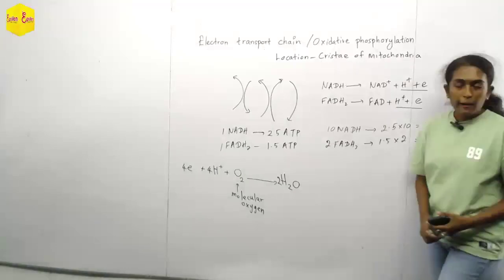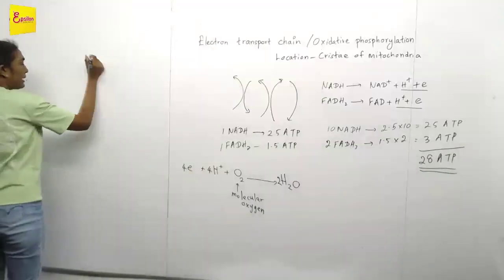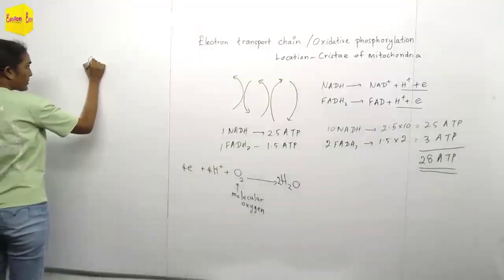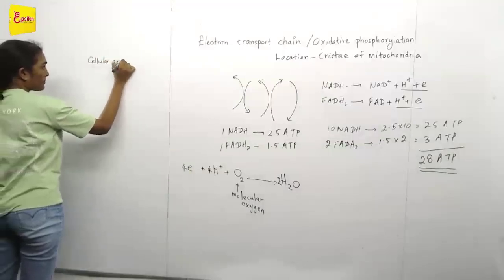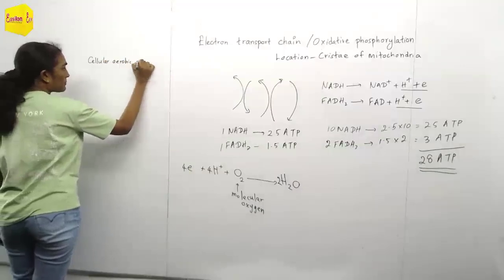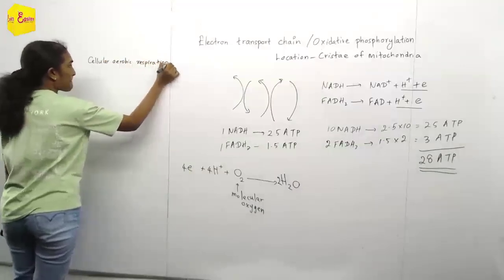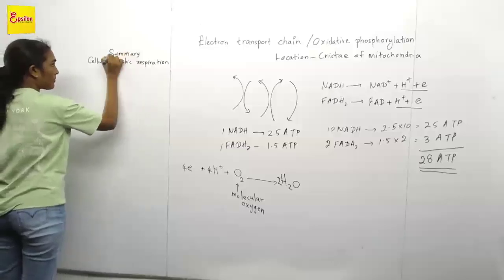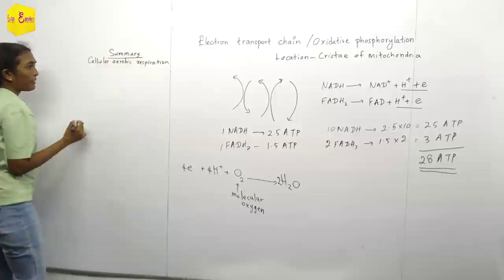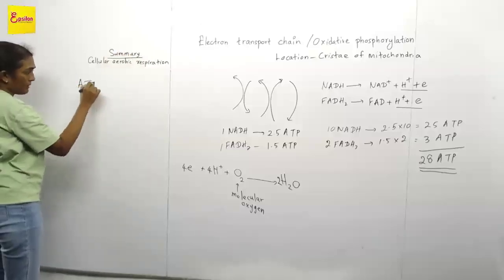So now after the electron transport chain, we are writing the summary of cellular aerobic respiration. Now you need to tell me how many ATPs are produced altogether.